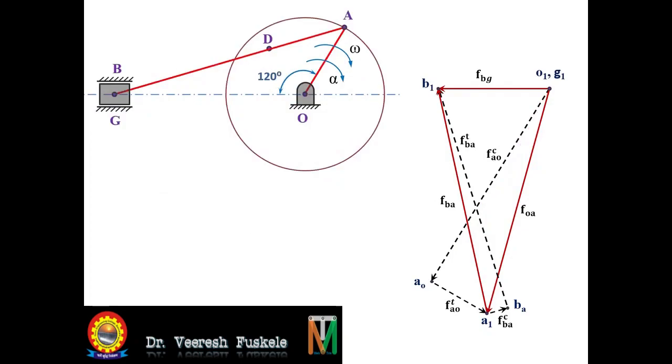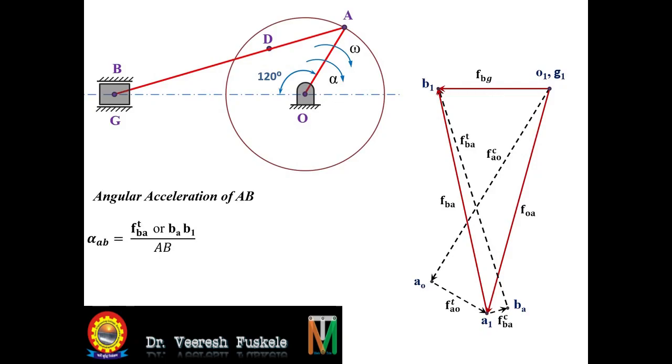Next, we have to calculate the angular acceleration of the link AB. As we know, the tangential component of the acceleration is equal to alpha into r, where alpha is the angular acceleration and r is the length of the link. So the angular acceleration of AB can be calculated as alpha AB is equal to FTBA divided by the length of the link AB.